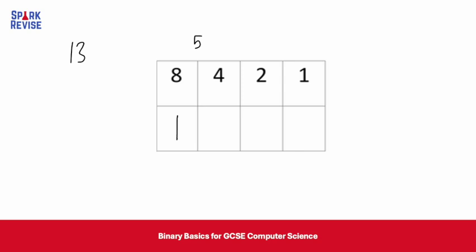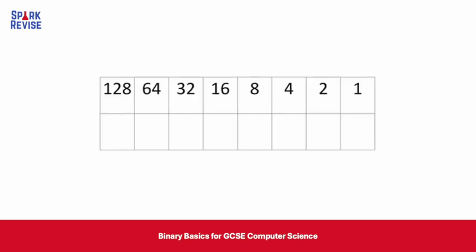Does 4 go into 5? Yes. So we put a 1 here. What's the remainder? 1. Does 2 go into 1? No. Put a 0. Does 1 go into 1? Yes. Put a 1. And as you can see at the end, there should always be no remainder left. So therefore, 13 in binary is 1, 1, 0, 1. You've done your first binary conversion.